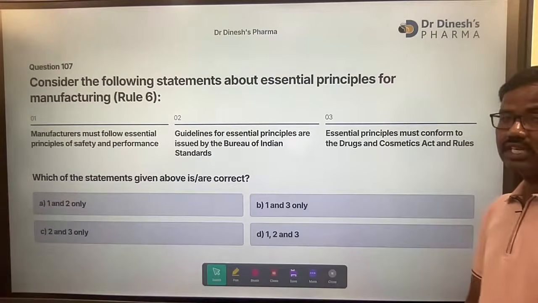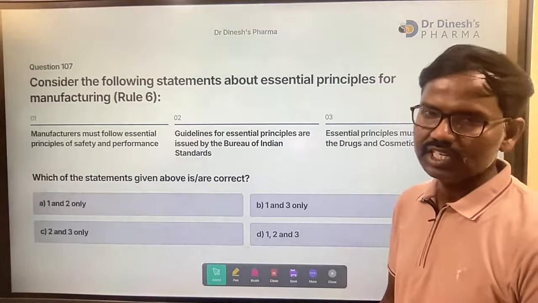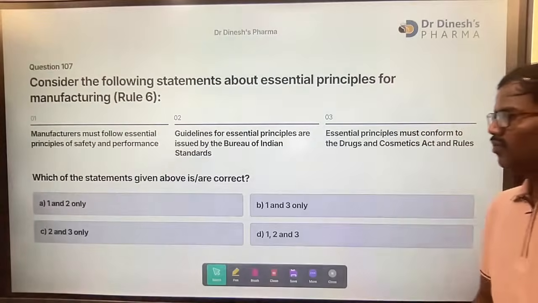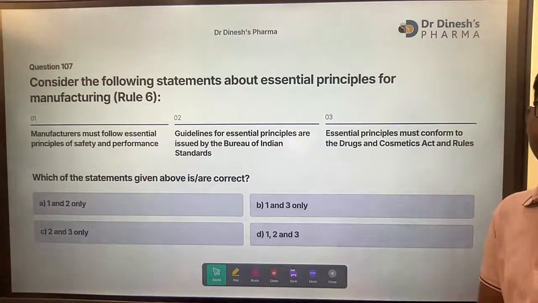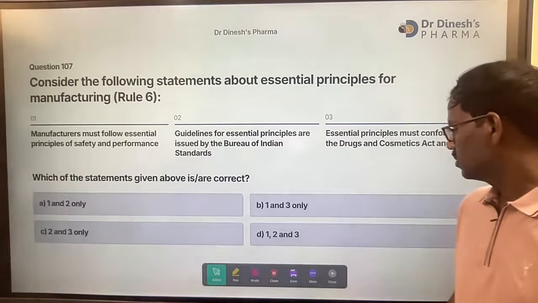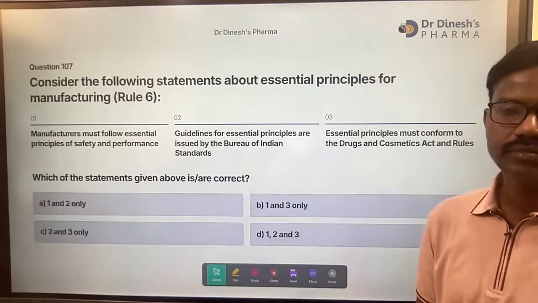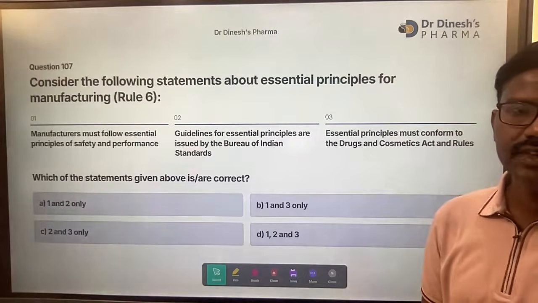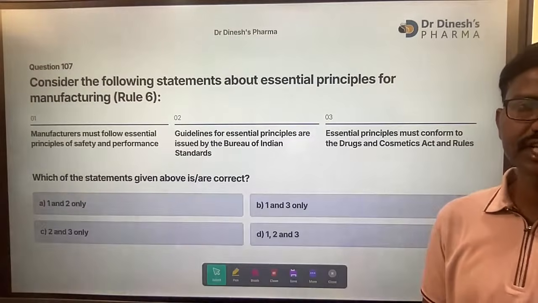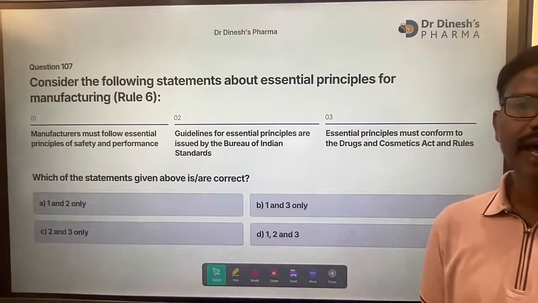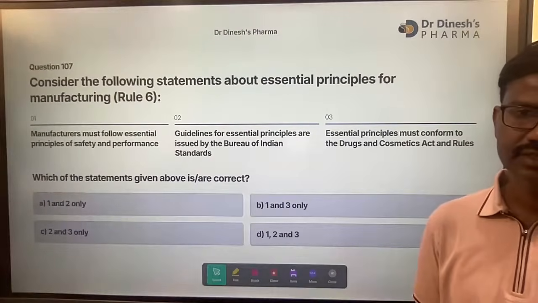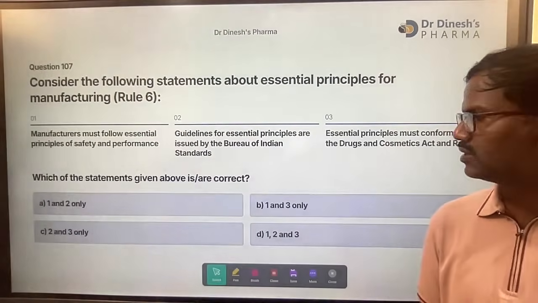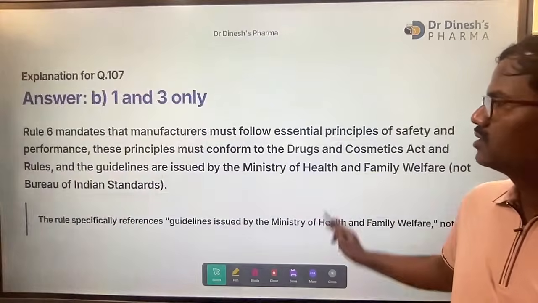So which of the statements is correct? 1 and 2 only, 1 and 3 only, 2 and 3 only, 1 to 3. Yeah, answer. Right, 1 and 3. Okay, let us see the answer.